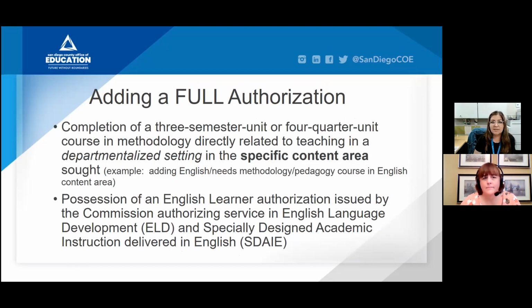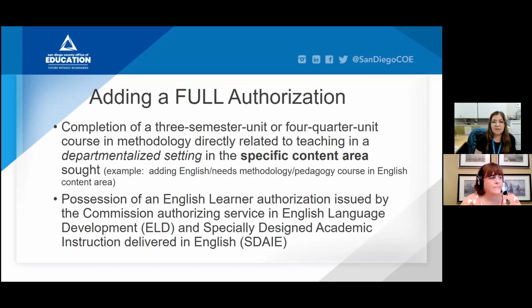In addition to the exams or the subject matter competency via the college, they would need a 3-semester or 4-quarter unit course in methodology. It's a methodology pedagogy course directly related to the content area that's going to be sought. So if they're adding English, as we spoke about before, the methodology pedagogy course must be in the English content area.